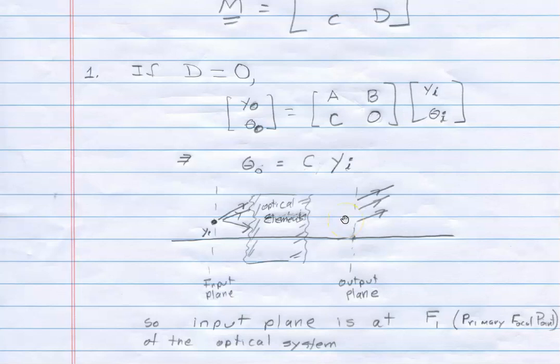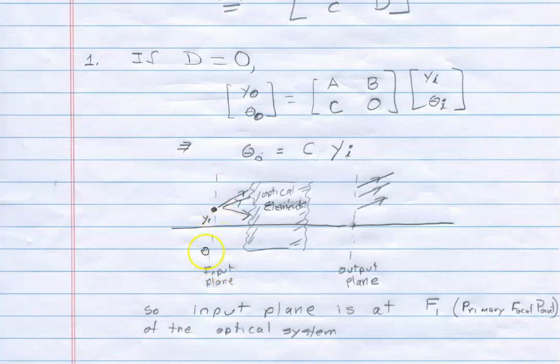Now we've got a name for that. For this optical system that goes from the input plane to the output plane, if I find a point on this side in which all the rays emerge parallel, that's the primary focal point, or the primary focal plane in this case, because it could be any point along this input plane.